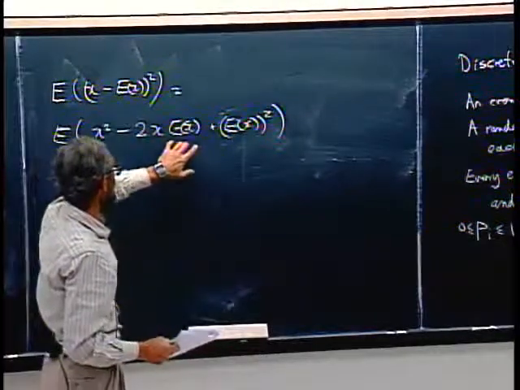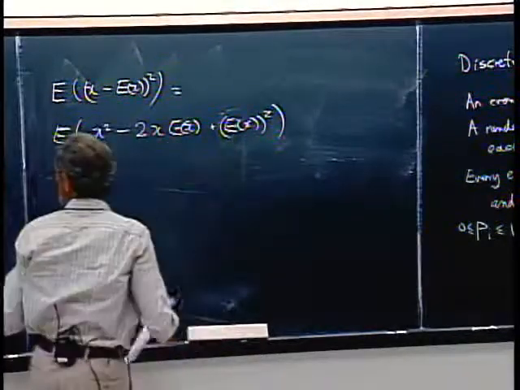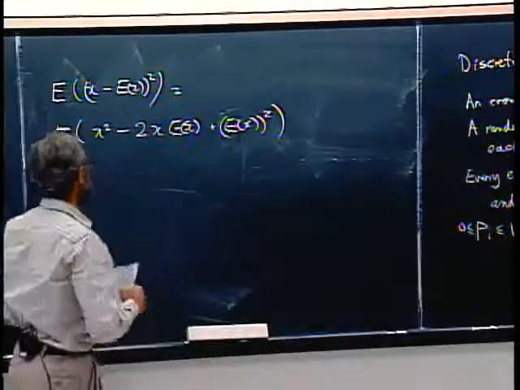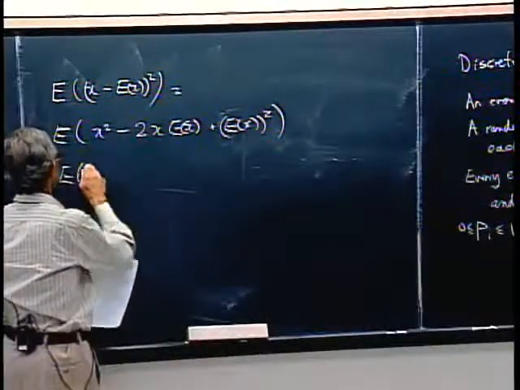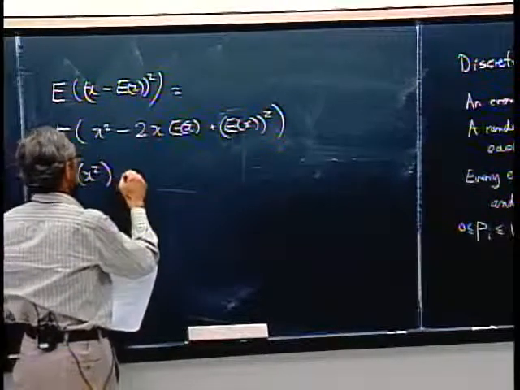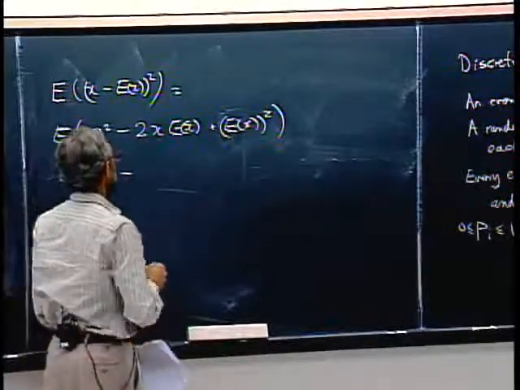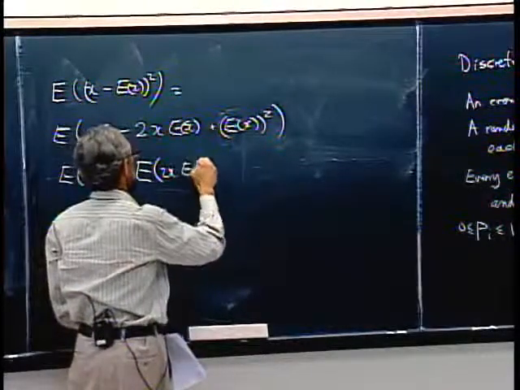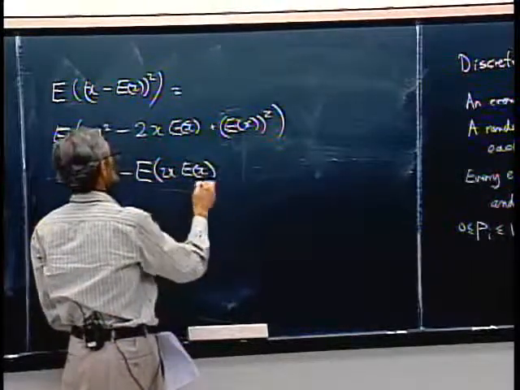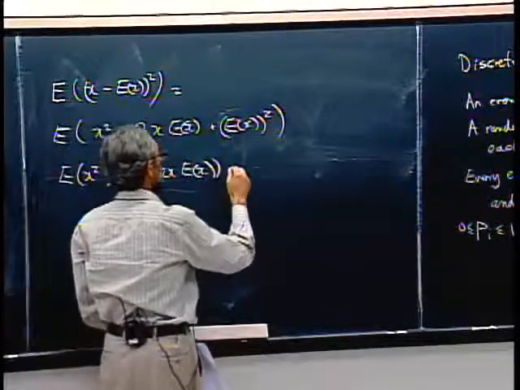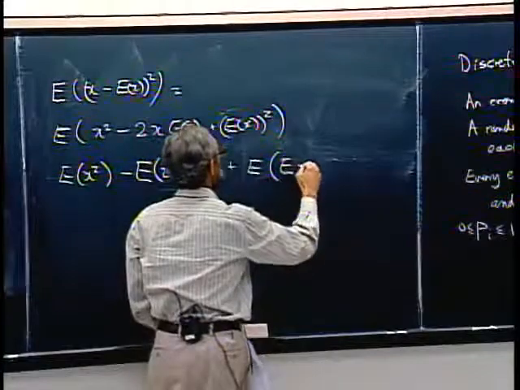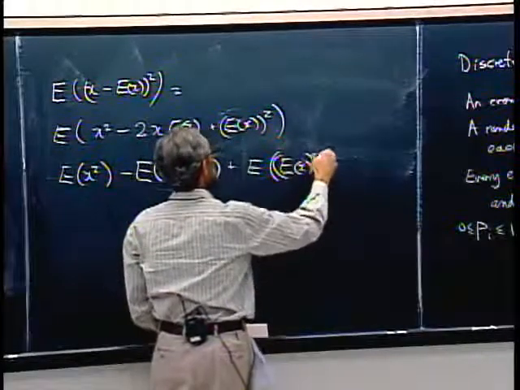Okay, so now, because of this rule, I can say it's the sum of these three things. So that means it's the expectation of x squared minus the expectation of 2x E of x plus the expectation of this constant E of x squared.